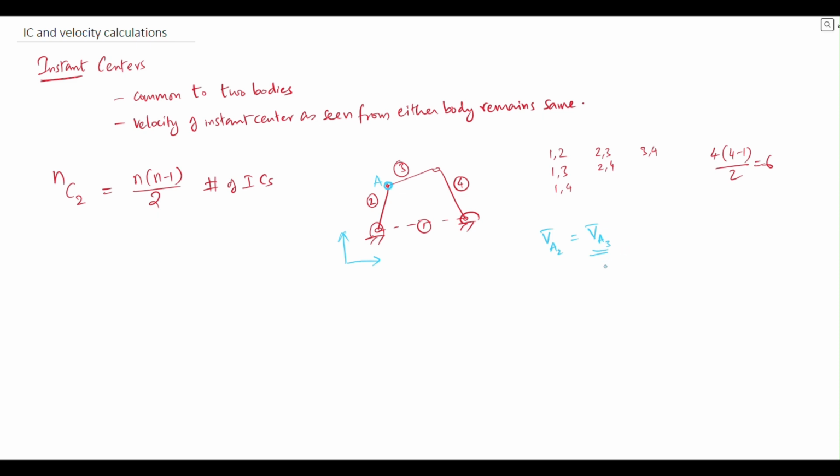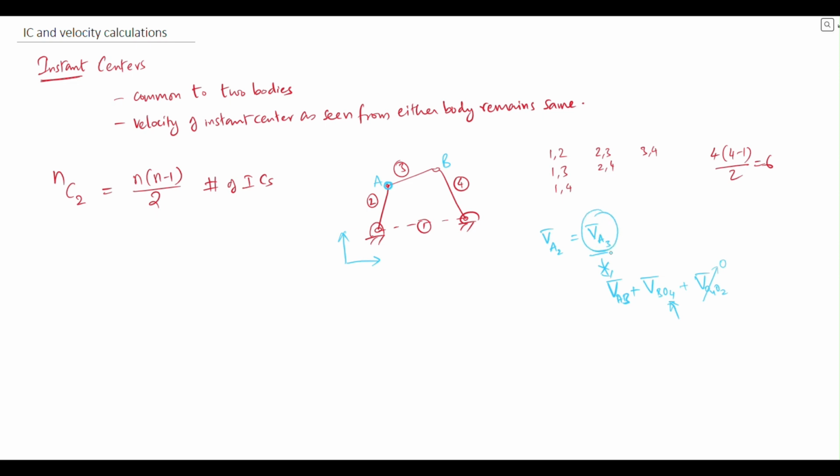This is not the same as VA with respect to B. That is not the case. This is VA with respect to B plus V of B with respect to O4. We know O4 velocity is the same as O2, so we don't have to go back from here to VO4 with respect to O2. This is 0.